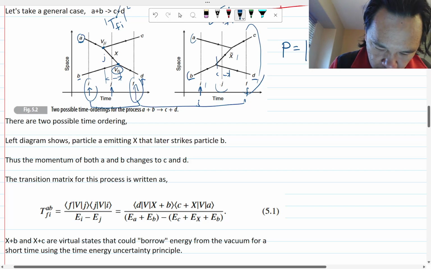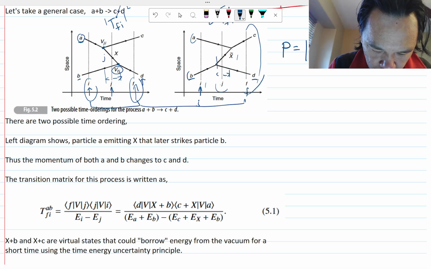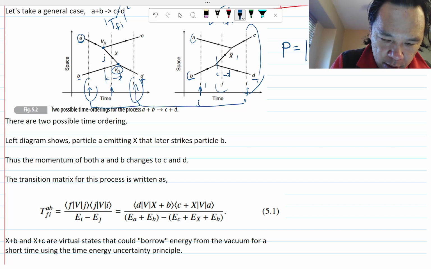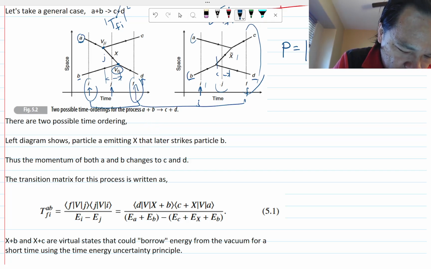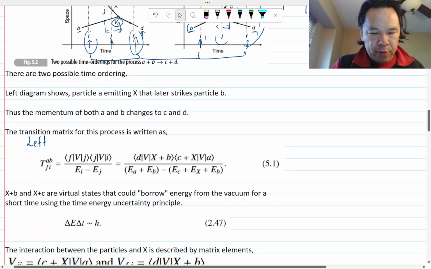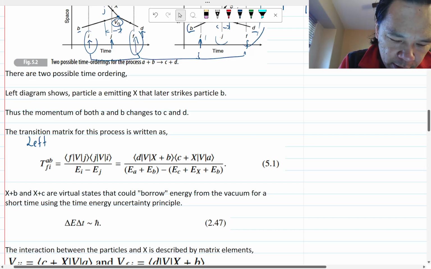So we're going to describe the first one, with X as the intermediate, the one on the left. So this is the matrix element that describes the left diagram. Let's go through all this little stuff in here.